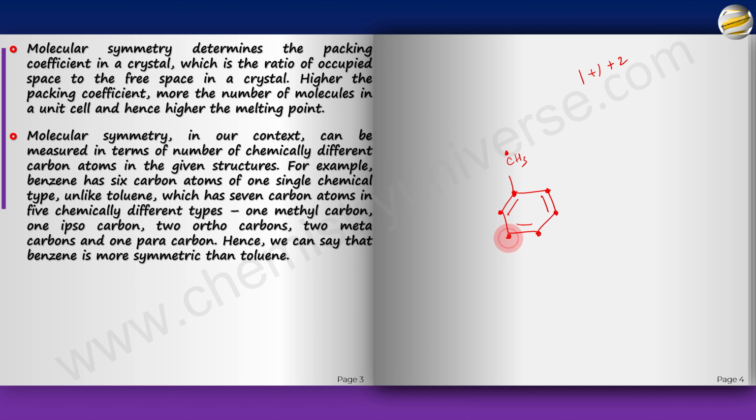These 2 positions are called meta. 2 of them are meta, and this one is called para. So there are basically 1, 2, 2, 1, 1, chemically different types of carbon atoms. And that makes the 7 carbon atoms 5 chemically different types, one methyl, etc. That makes it have lesser symmetry in toluene than in benzene.